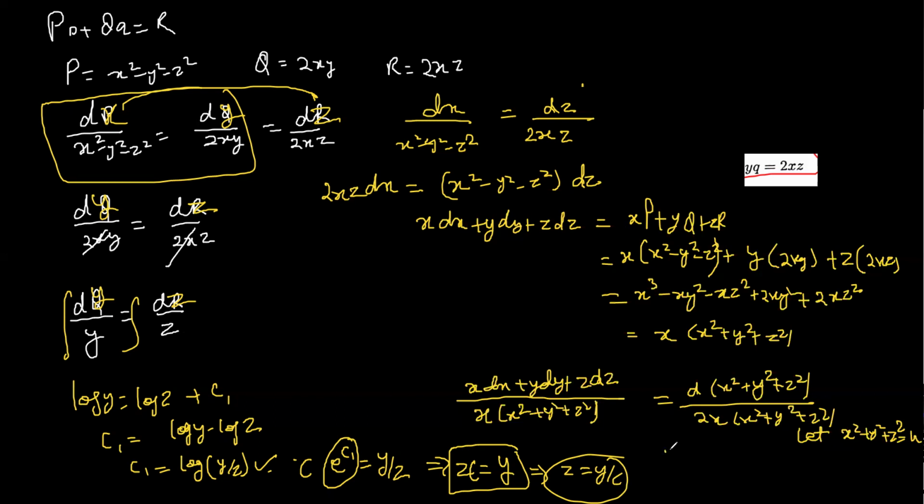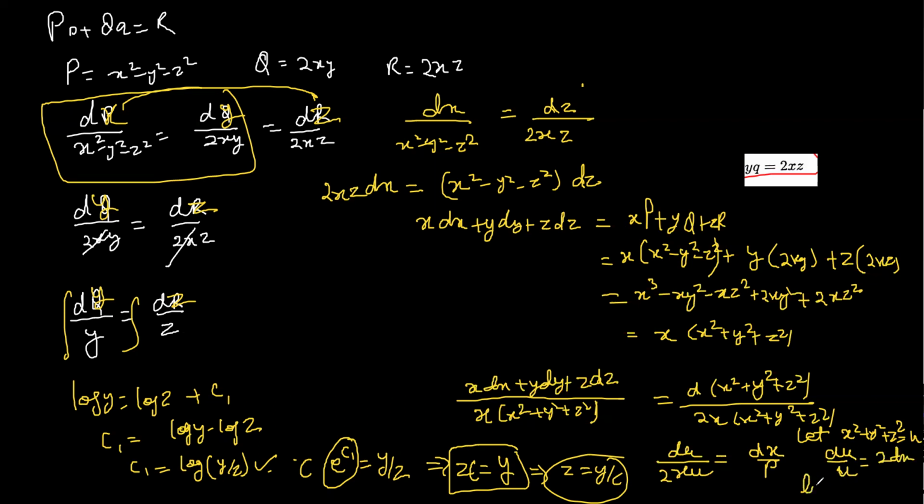Okay, so you can write du, x du, and this is what? du by u equals 2 dx by x.